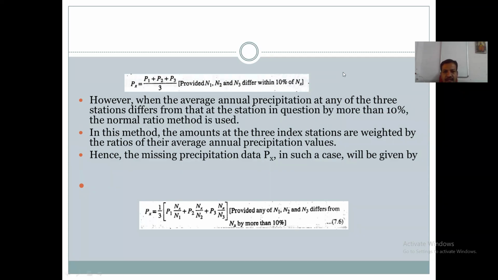This is for when the average annual rainfall is within 10%. And for more than 10%, this formula is used: Px is equal to 1 by 3 P1 into Nx by N1 plus P2 into Nx by N2 plus P3 into Nx by N3.